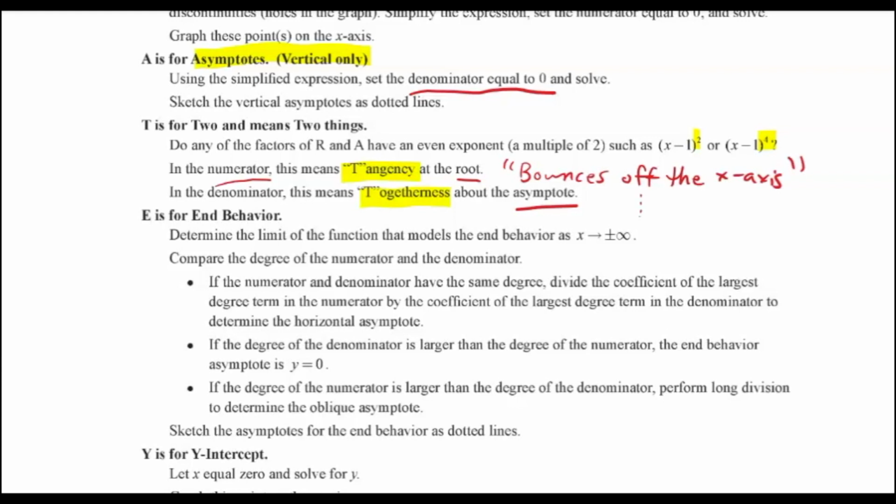That simply means if you have a VA and it's going down on one side of the VA, then it's got to be going down on the other side of the VA as well. That's what togetherness means. And again, tangency means if this is the root, if it's coming down, it's going to bounce off and go back up.